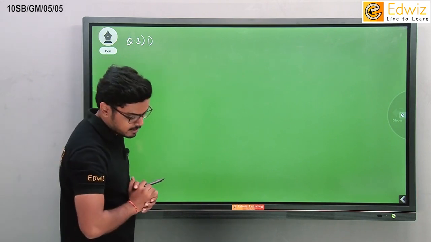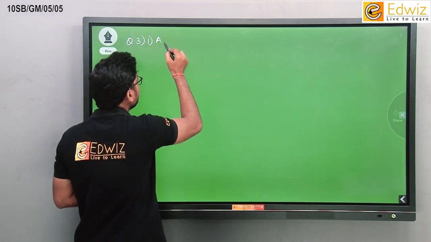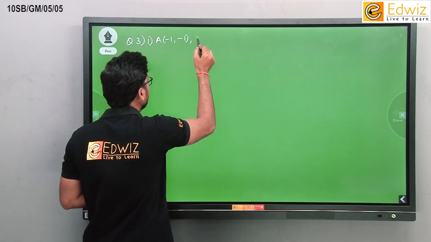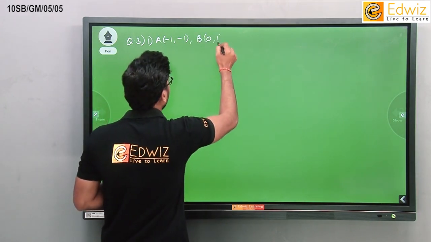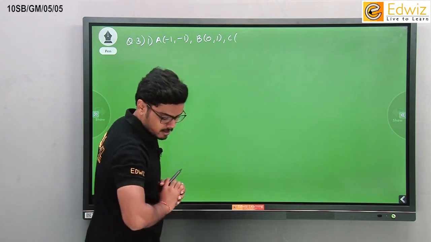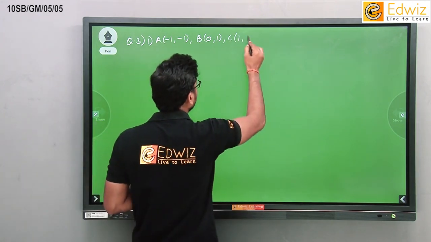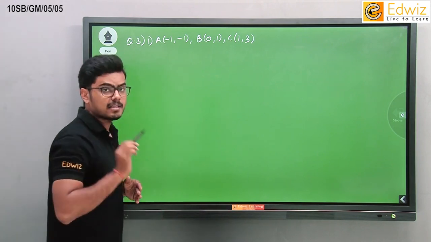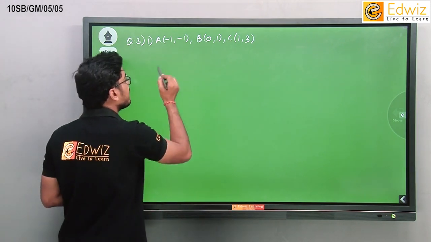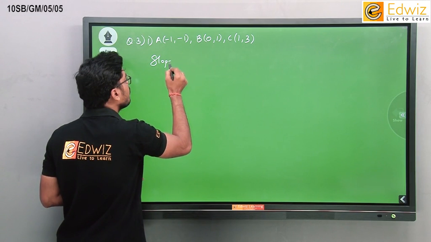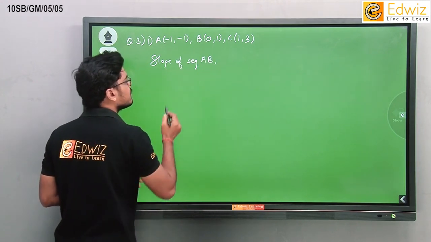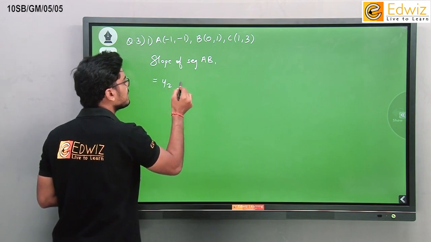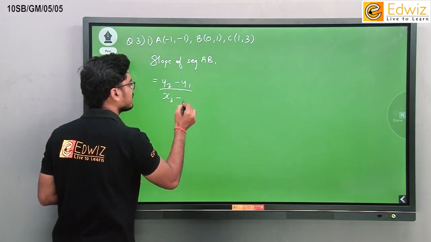Question 3, first one, point A is given -1, -1, point B is given 0, 1, and point C is given 1, 3. Let us first find out the slope of A and B. Slope of segment AB will be equal to y2 minus y1 upon x2 minus x1.